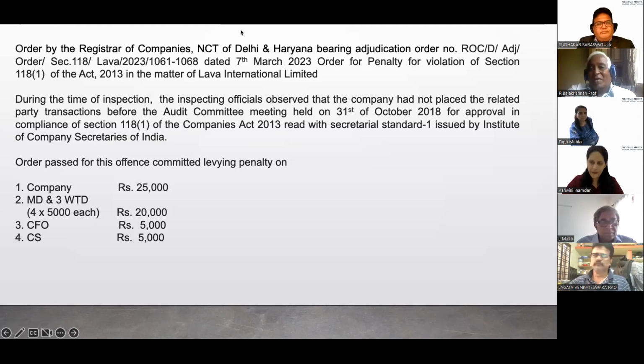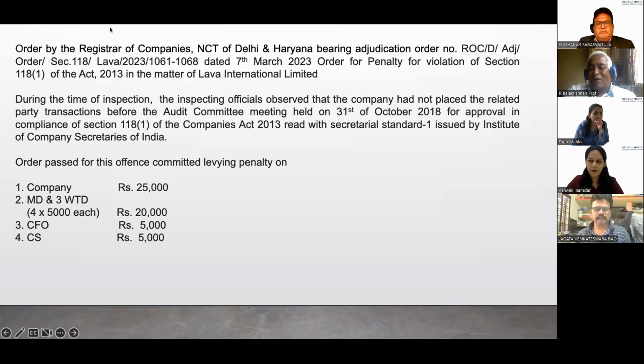Well, as you rightly said, in the case law here we can see CFO and CS, which actually shows what is the role we have to play here. As Sudhakar has been telling, when it comes to compliance, it is the prima facie responsibility of the CS to ensure the compliance is done at any cost. Here a related party transaction is there.